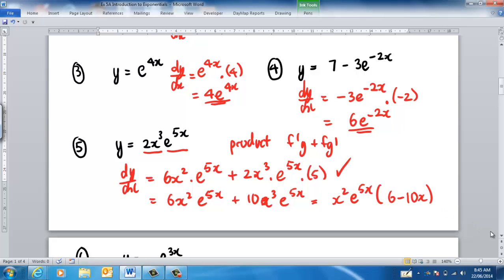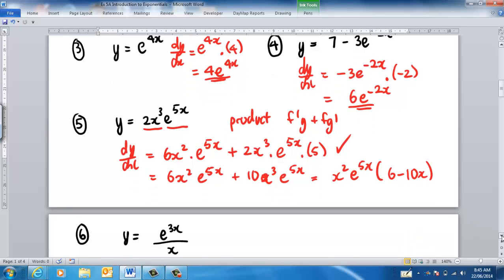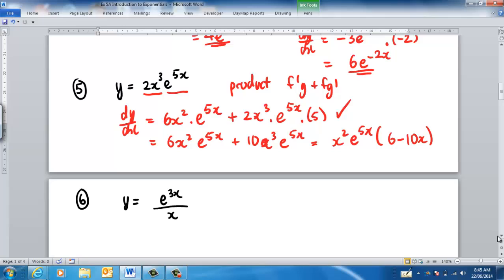Right, so if we go down to the next bit, if we're looking at this function here, obviously you could use the quotient rule here, okay, if you were doing that. So the quotient rule, remember, was, let's do dy dx. It's going to be simply f dash. Now, our top function is f, so that's going to be e to the 3x times by 3.